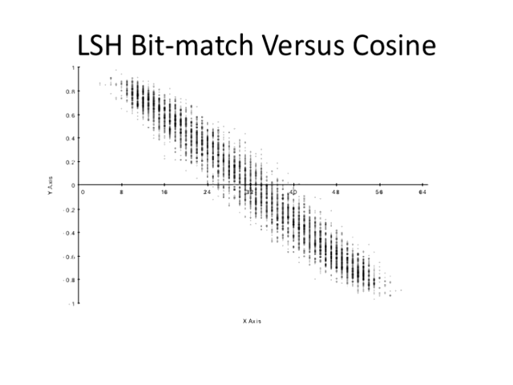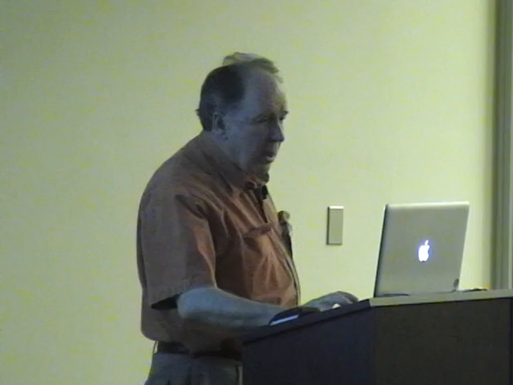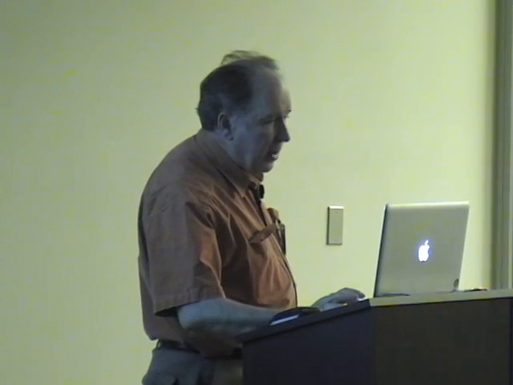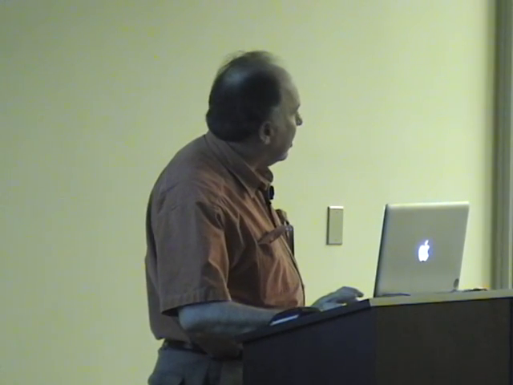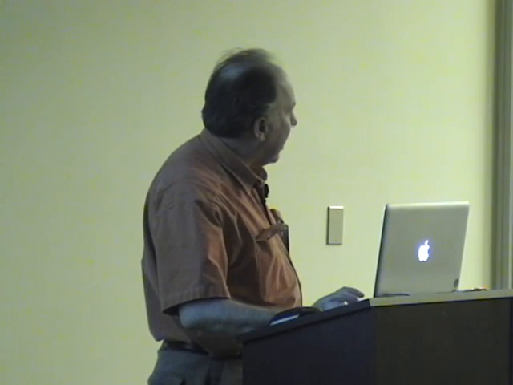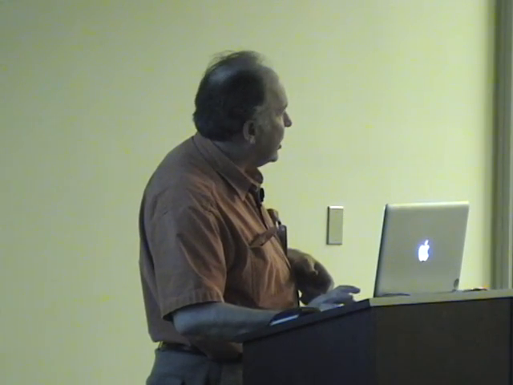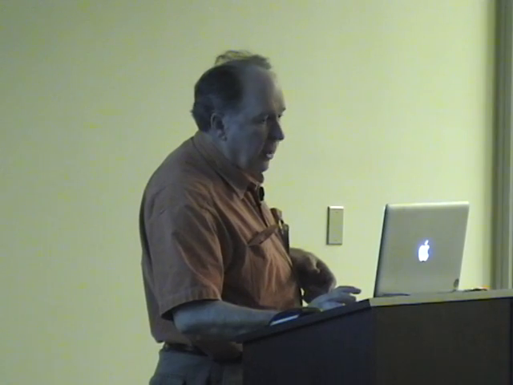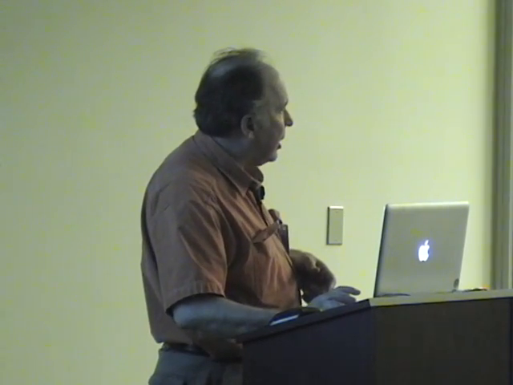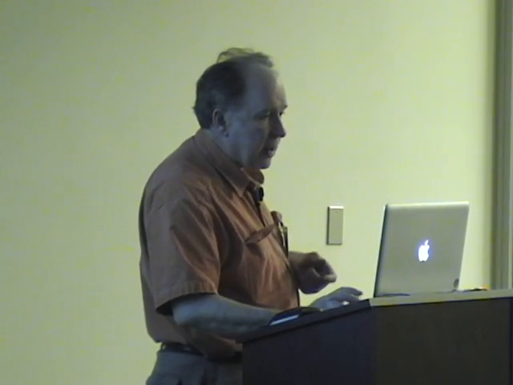The horizontal axis goes from 0 to 64. So if the XOR has very few bits that are non-zero after we XOR those, then the two representations were nearly identical. And that means the cosine of theta is near 1. Now, very few of these randomly chosen data points have that characteristic, but that's okay.